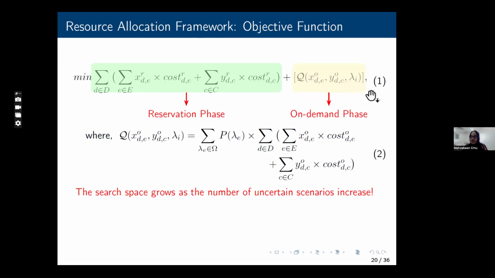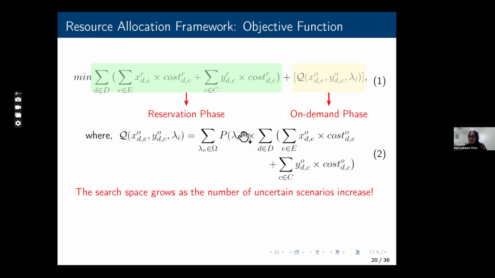But the objective function looks like this. It has two parts. The first part calculates the reservation phase cost, and the second part calculates the on-demand cost. Under the on-demand phase, we have a set of uncertain scenarios. We also know the probability or likelihood of those scenarios happening.